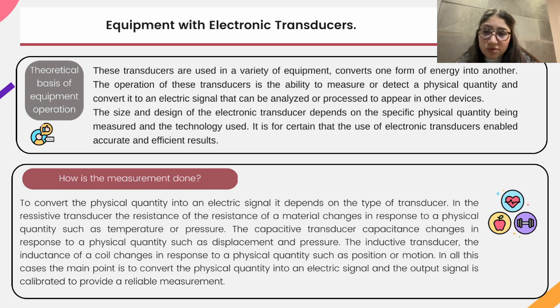These electronic transducers can be designed to operate in a variety of environments, converting the physical quantity into an electrical signal. It depends on the type of transducer, but the main point is that the output signal is calibrated to provide a reliable and accurate measurement, and the results are easy to interpret.